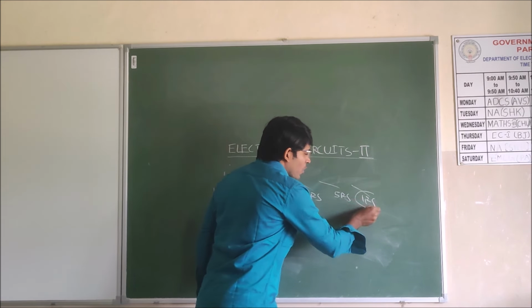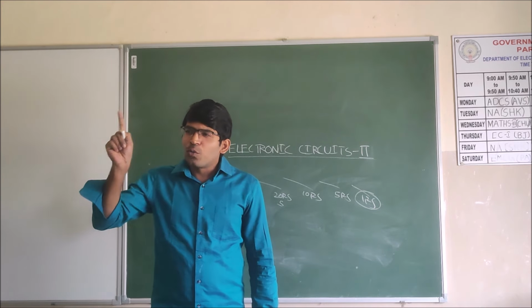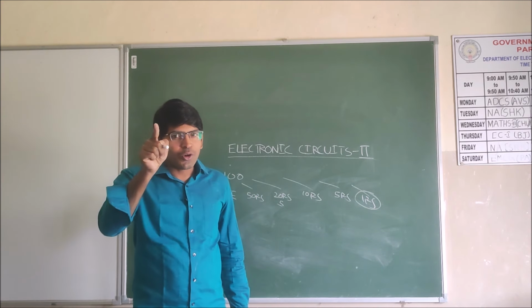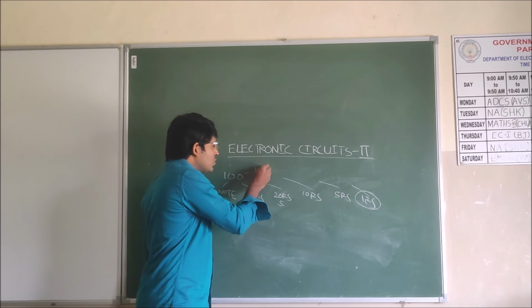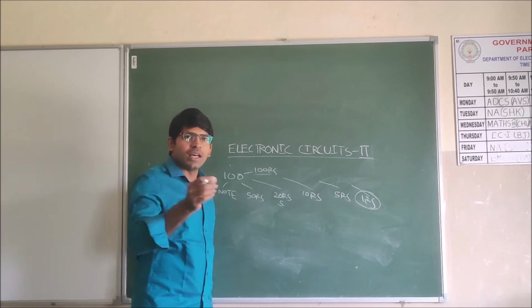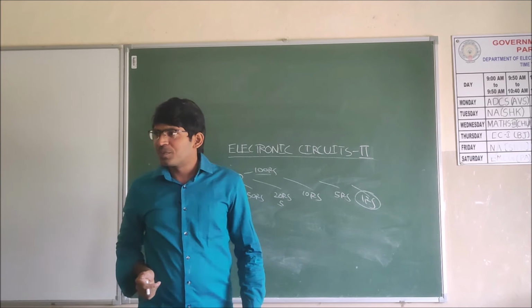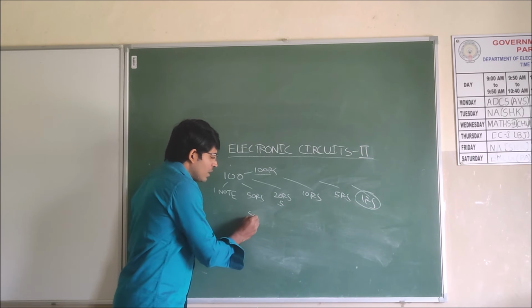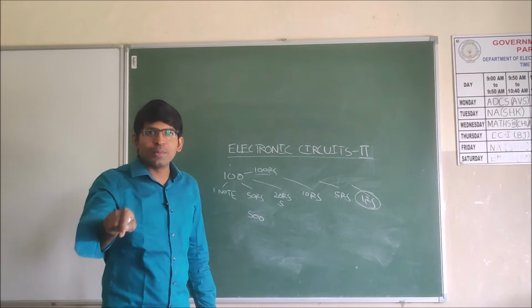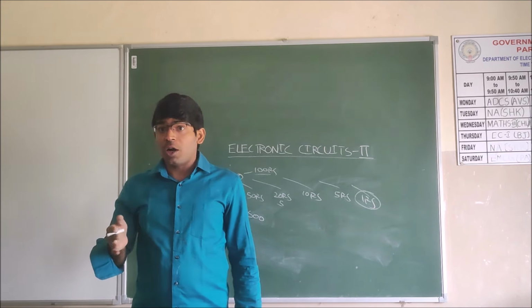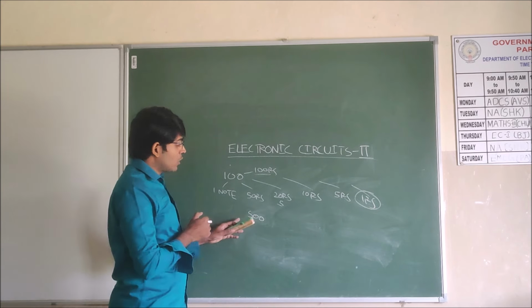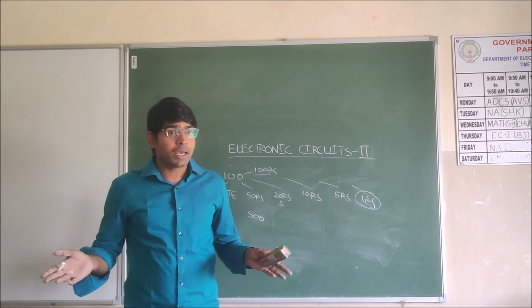Fourier found this 1 rupee. If you have that 1 rupee, 100 rupees you can represent with 100 coins. Similarly, 500 rupees can be represented with 500 coins. But if you ask me, sir, this 500 note and these 500 coins are same?